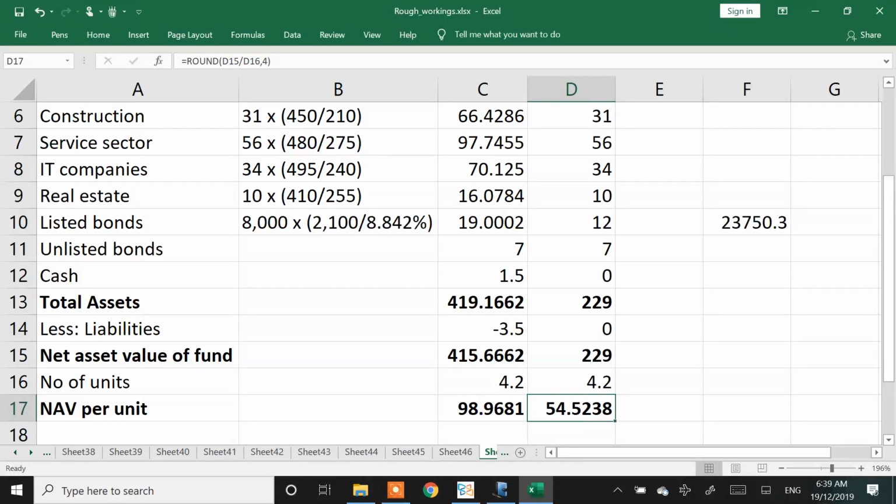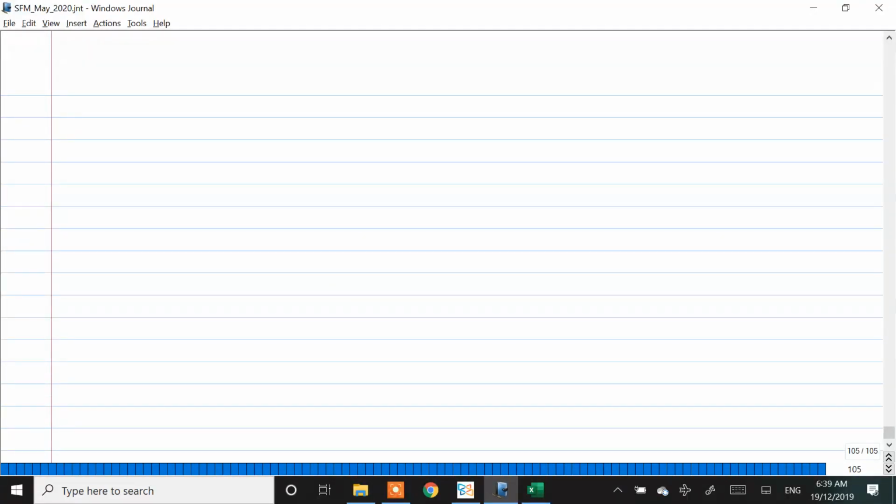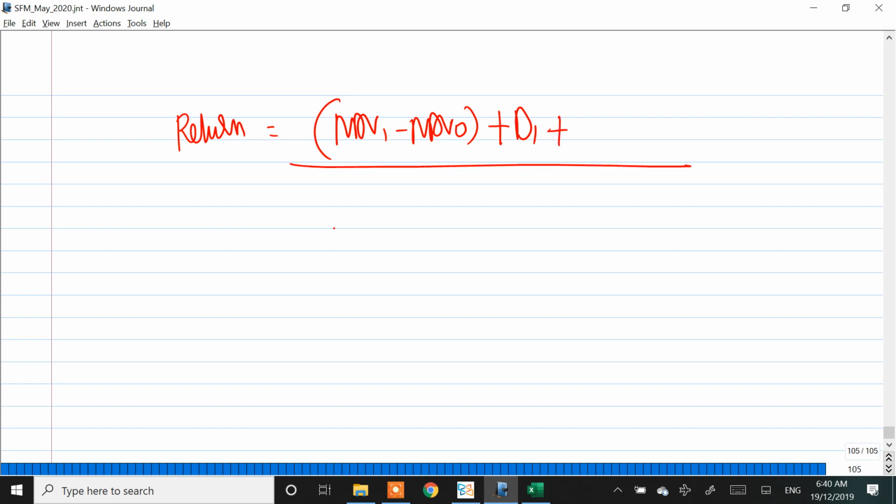To get the annualized return, I'll have to do the division or multiplication depending on the period of investment. So return equal to NAV1 minus NAV0 plus D1 plus CG1.